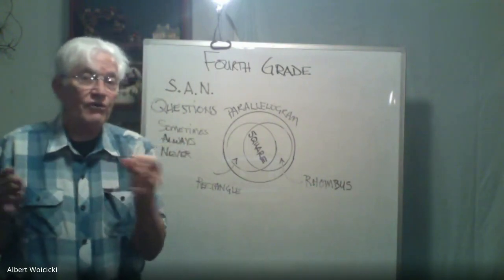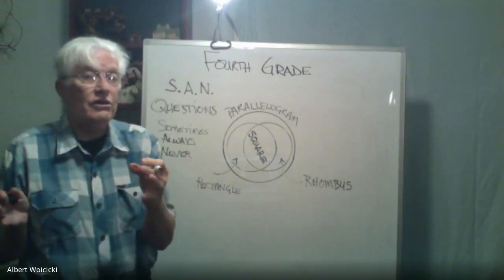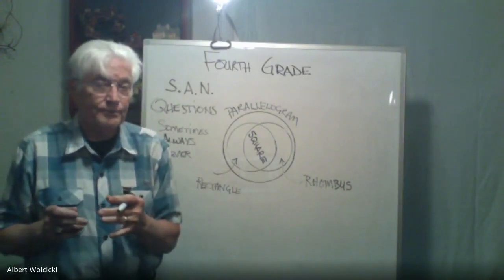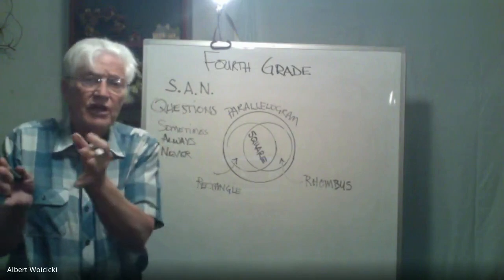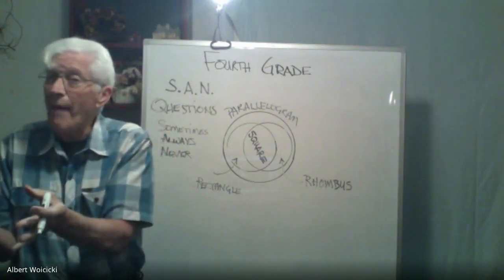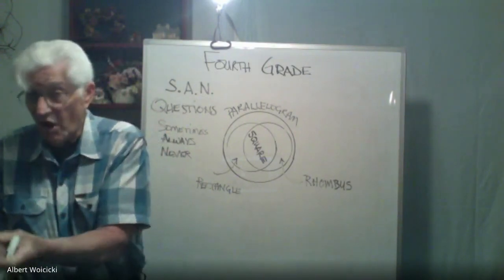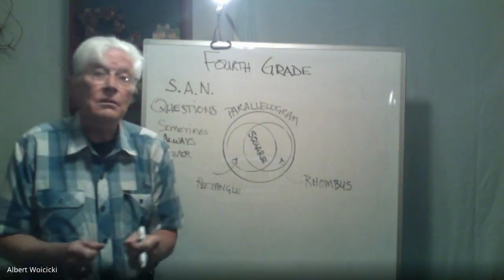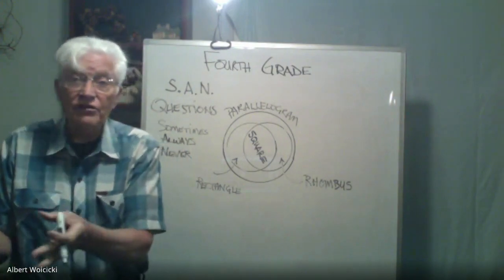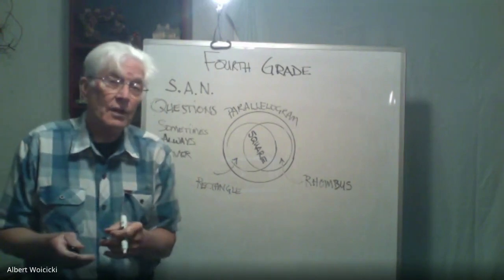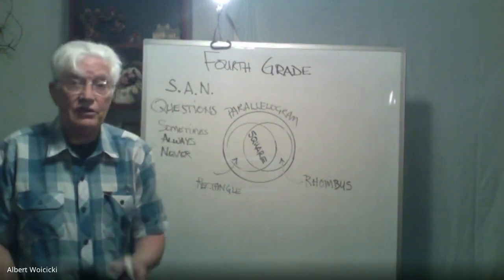Things that are true or false are easier to understand, because things that just happen because that's always happened, then we can say true. 3 times 6 is 18.